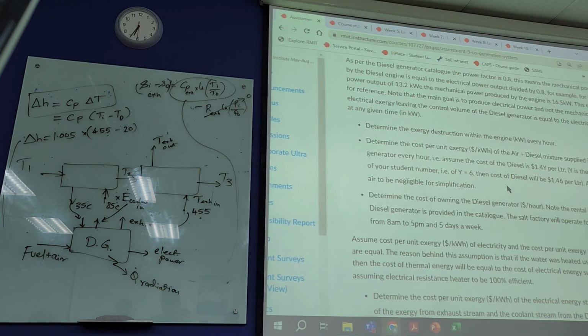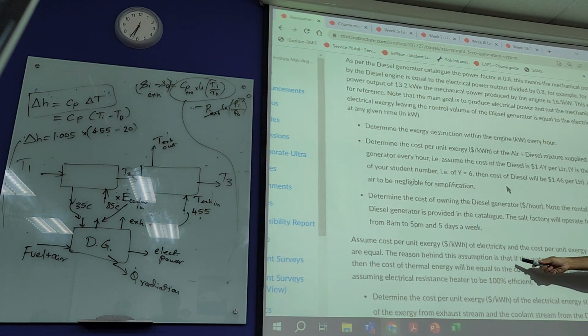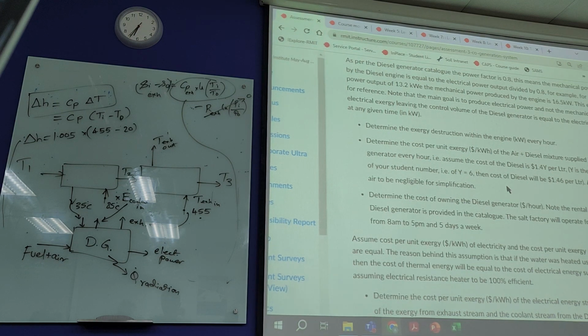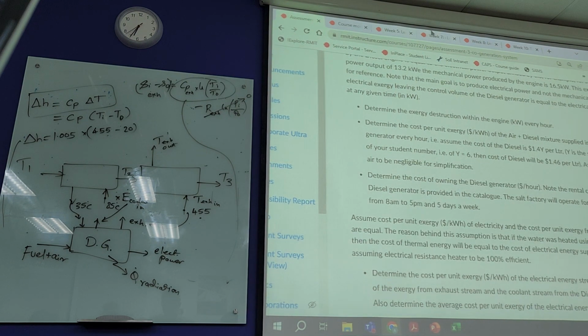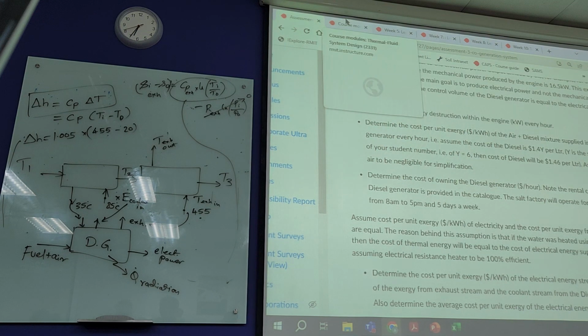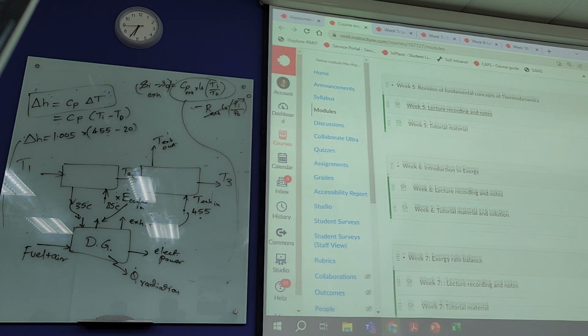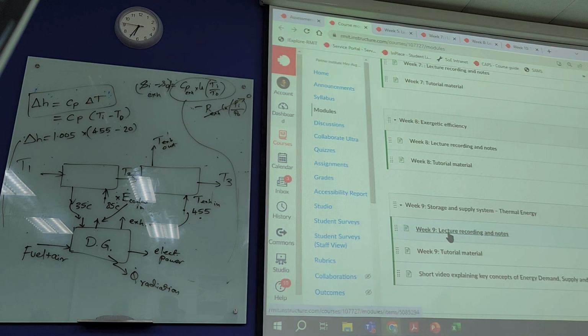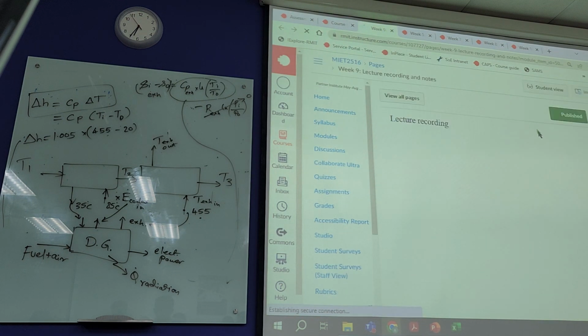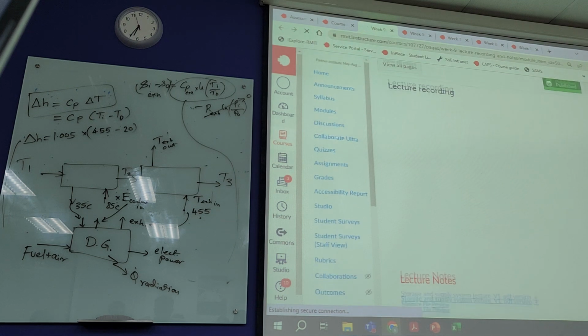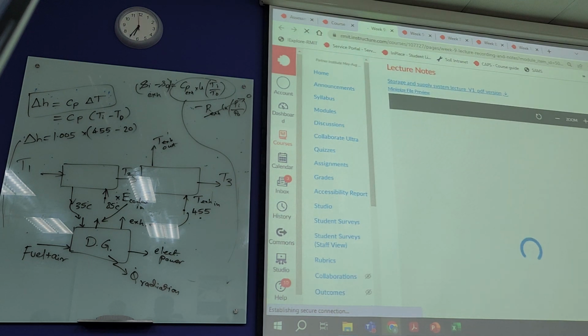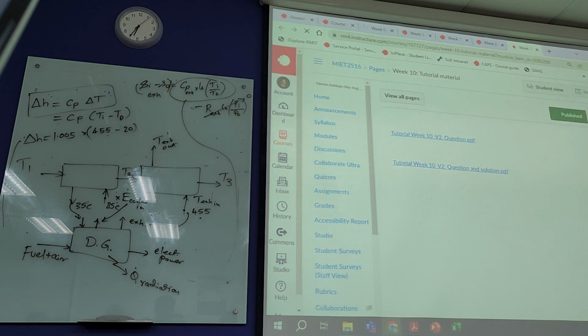Owning the diesel generator, then the heat exchanger and the electrical output, all of that is costing, so that is captured in week 9. And the week 10 tutorial.